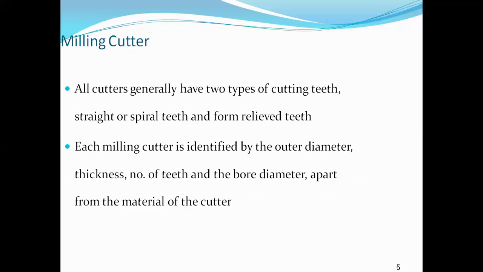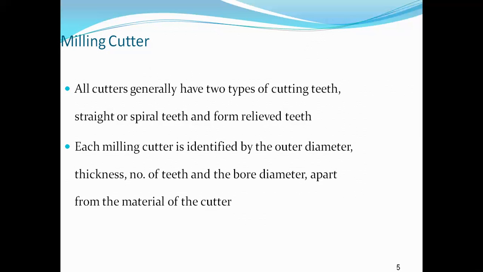Each milling cutter is identified by its outer diameter. If you want to specify a milling cutter, we have to identify the outer diameter, the thickness, the number of teeth, and the bore diameter, apart from the material of the cutter.